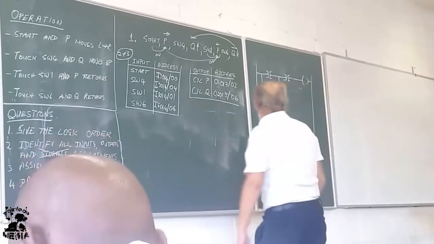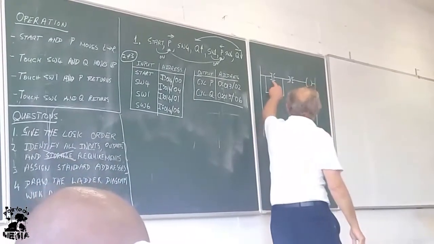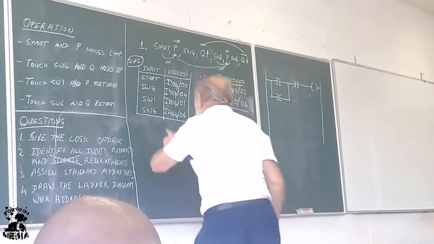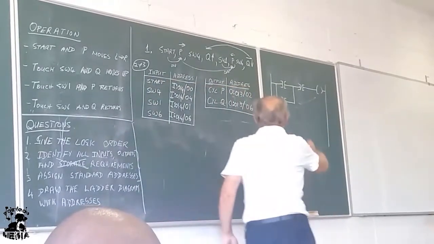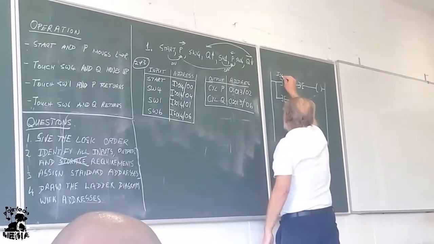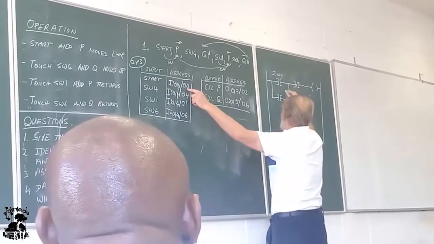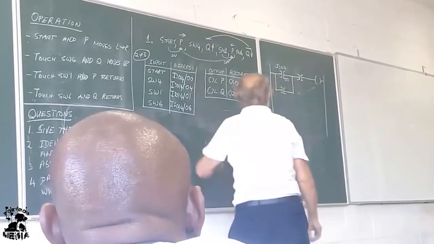So, what is putting the power on? Start button. So that is the start button. What address did I use for start button? I colon 014 and we write the terminal number down there. That's the start button.